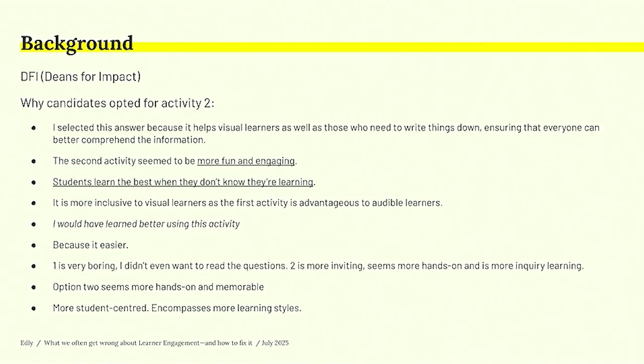So that's why we often get learning engagement wrong, because we have not engaged with the theories and principles of learning engagement scientifically or cognitively, right? So if you're not a cognitive scientist, if you're not a neuroscientist, I know there may be some in the room and you may know all of this stuff, but for many instructional designers and teachers, it's not a reality.